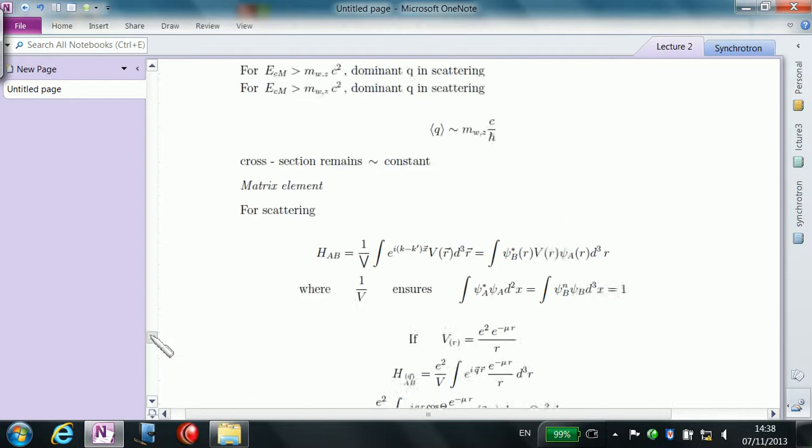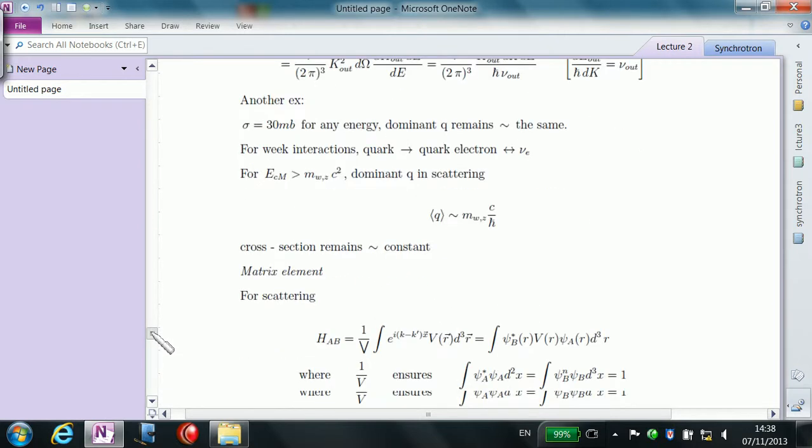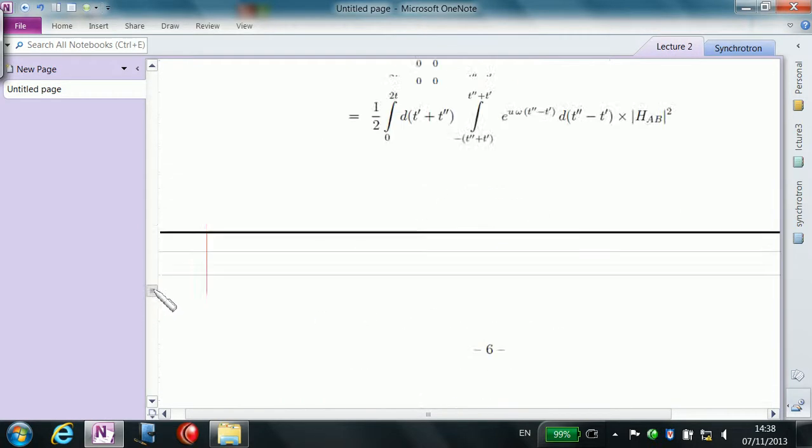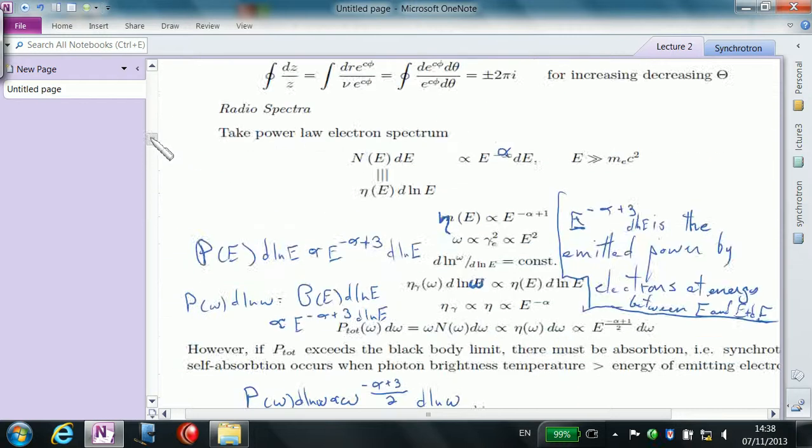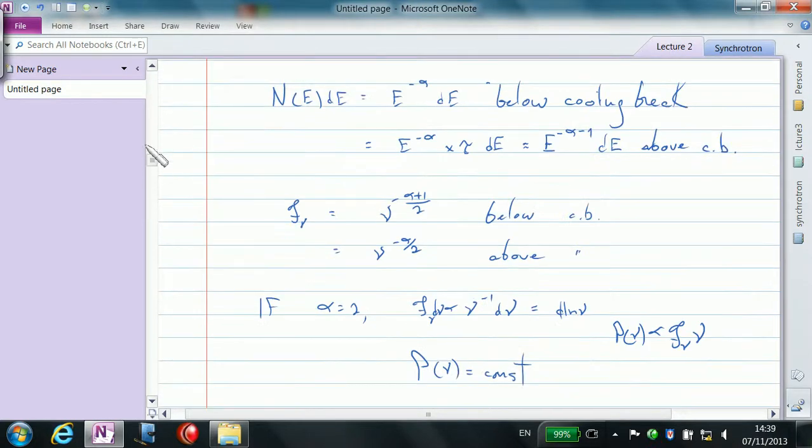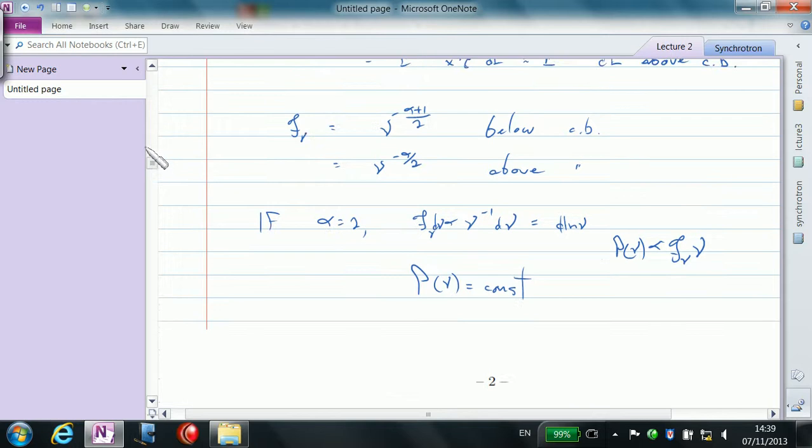When they cool, they fall to low energy. So this will change the spectrum unless they are not confined to some special location.